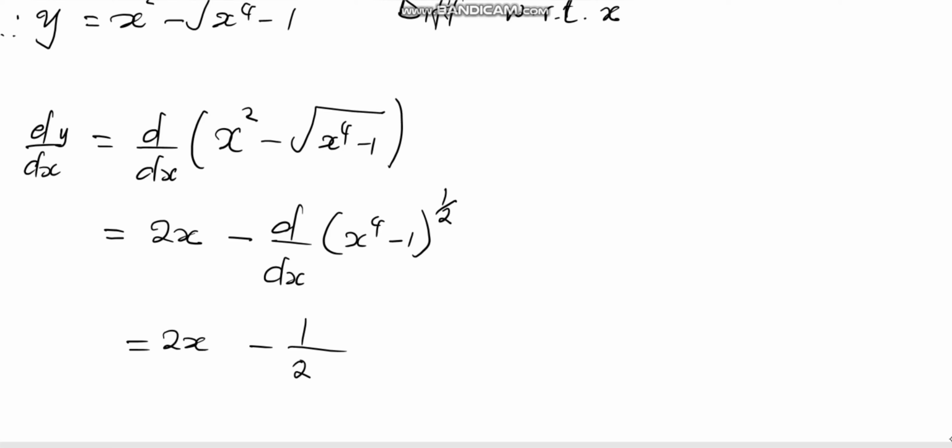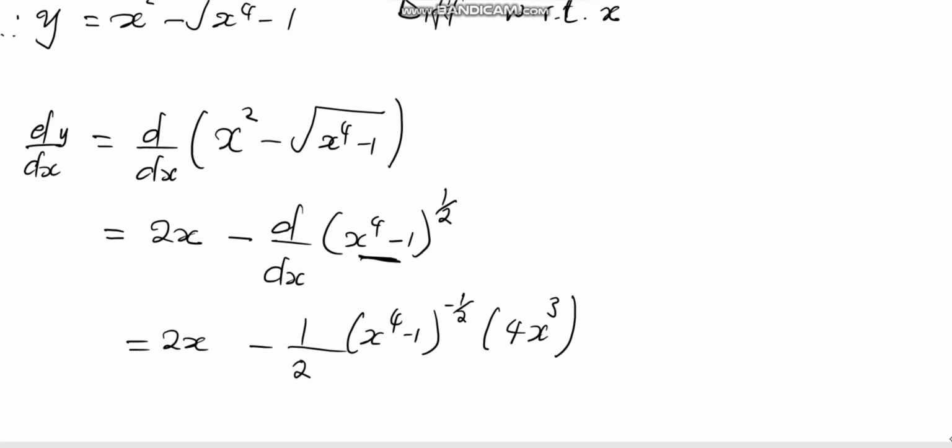Then here we differentiate the function that we have, so this will be x to the power 4 minus 1. So half minus 1, we're going to get minus half like this. And then multiplied by differentiating the function that we have here inside, which is x to the power 4 minus 1. When you differentiate this function, we're simply going to get 4x to the power 3 like this here.